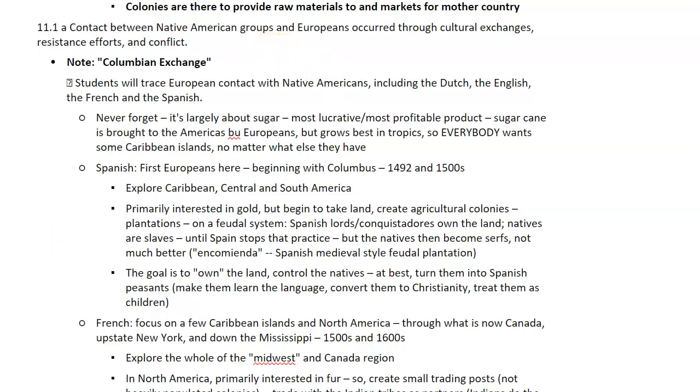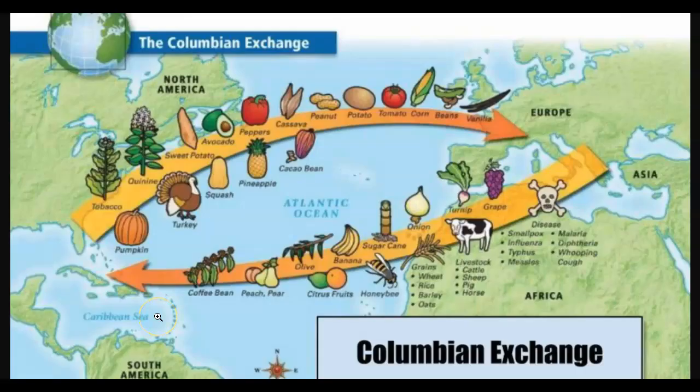So the Columbian Exchange, just to remind you, is this business. Once Christopher Columbus alerts Europe to the fact that there is a North and South America out there, and they begin to figure that out, there is this flow of new goods back and forth across the Atlantic. We call this the Columbian Exchange.